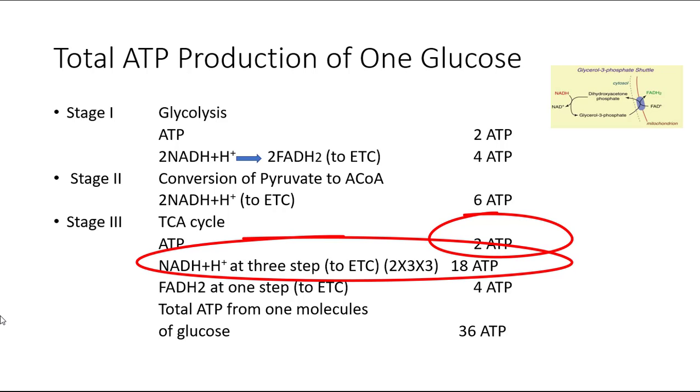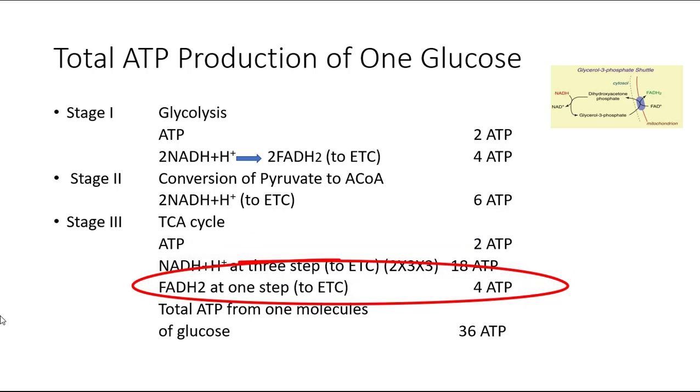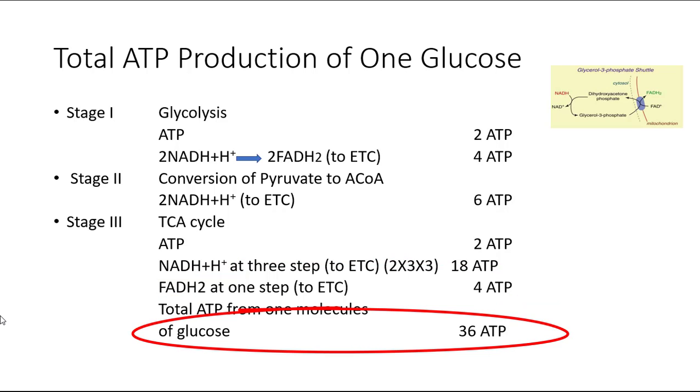NADH plus proton is produced 6 times from the 2 acetyl coenzyme A, yielding 18 ATP in the ETC. A total of 2 FADH2 are yielded from the 2 acetyl coenzyme A, thus yielding 4 ATP. Therefore, the total ATP from one molecule of glucose is 36 ATP.